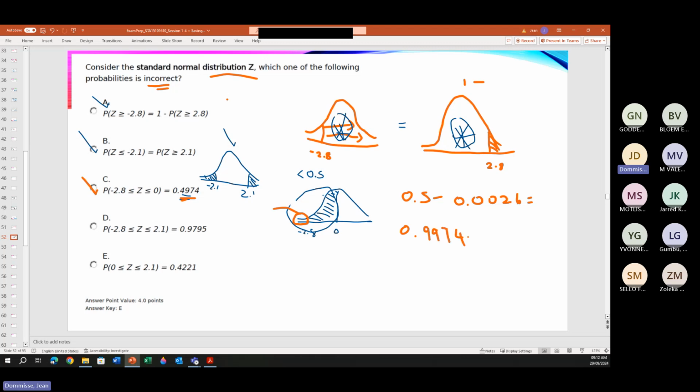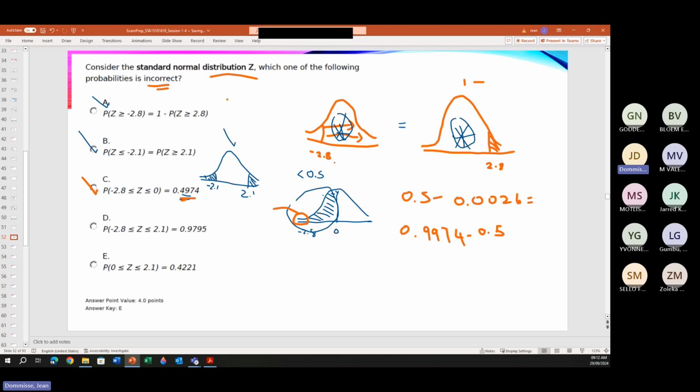But then remember we need to subtract 0.5 from it. So 0.9974 minus 0.5 also gives us the 0.4974.